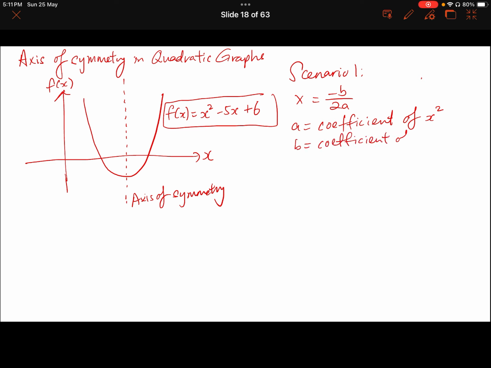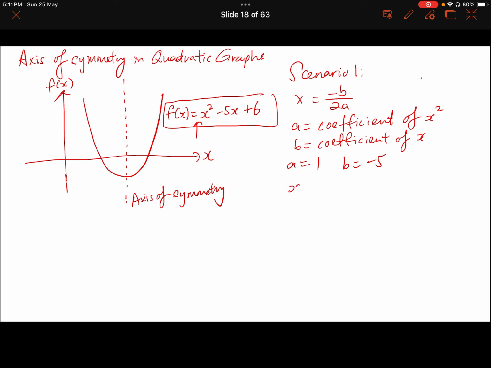So a is the coefficient of x squared, while b is the coefficient of x. If we put in the respective numbers, a in this case would be 1, because the number multiplied by x squared is 1, and b would be negative 5, which is the coefficient of x.